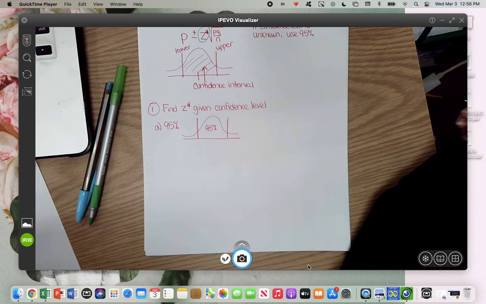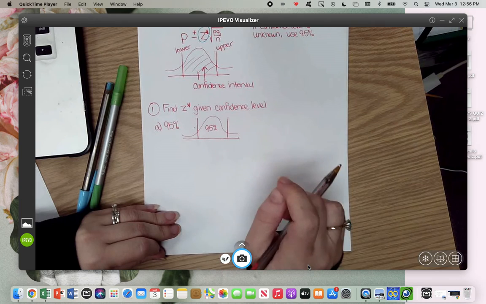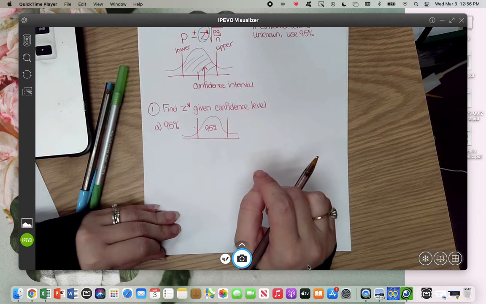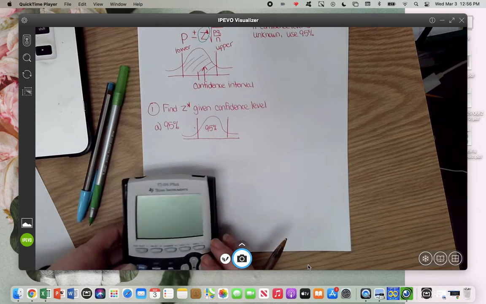Now, the entire curve has to add up to 100%. So if this is 95, the other two sides together have to help us make 100. So we know that 95 plus 5 is 100.